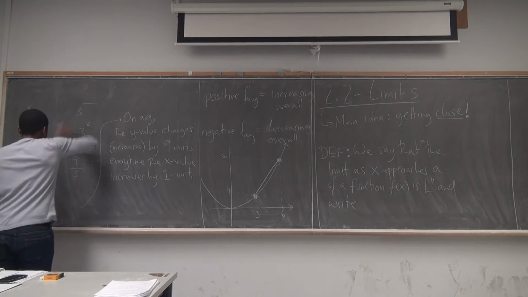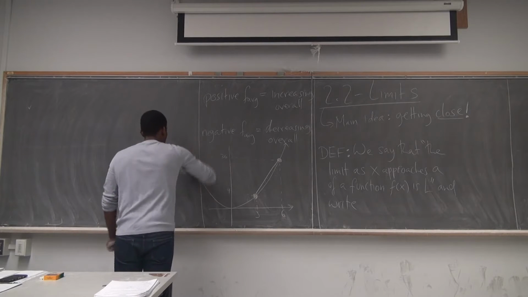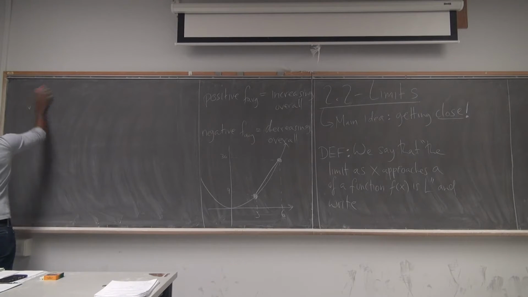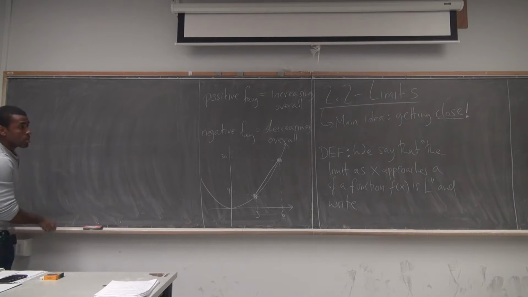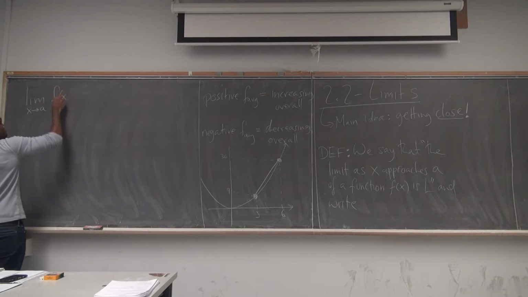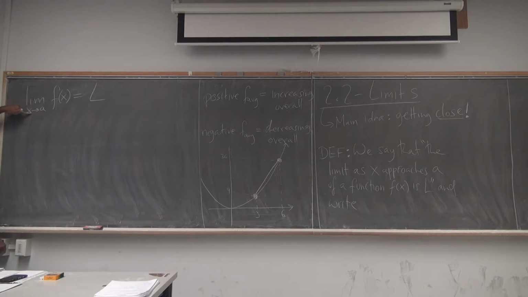Here's the notation, how we'd actually write it down. LIM, short for limit. X, you write a little arrow, and A. Beside it, you write the function f of x, and you say equal L. This is the limit as x approaches A of the function f of x is L.